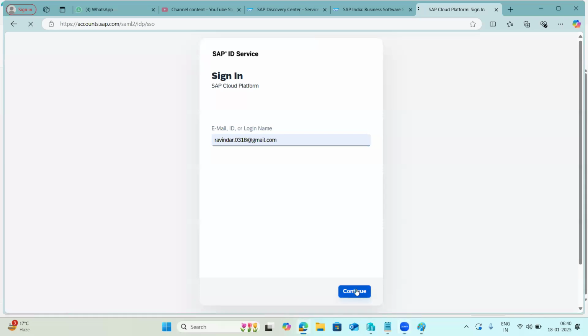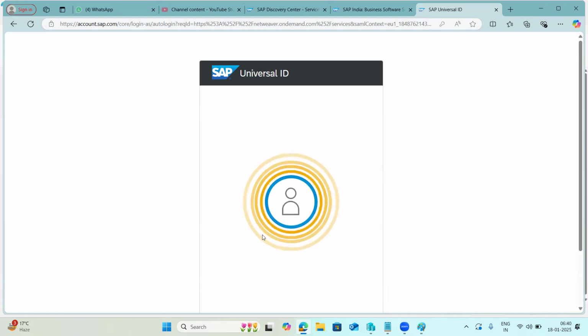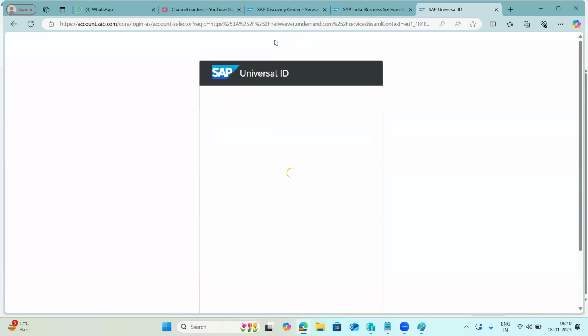Just provide the user ID, whatever email you have given. The cockpit will be loaded here.